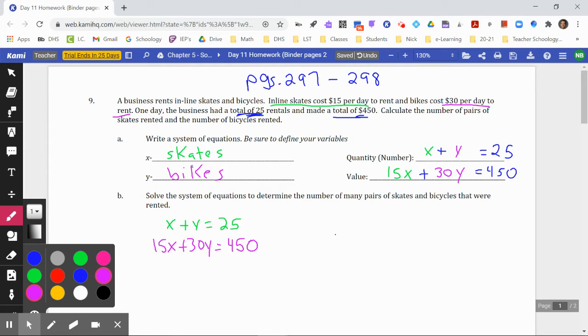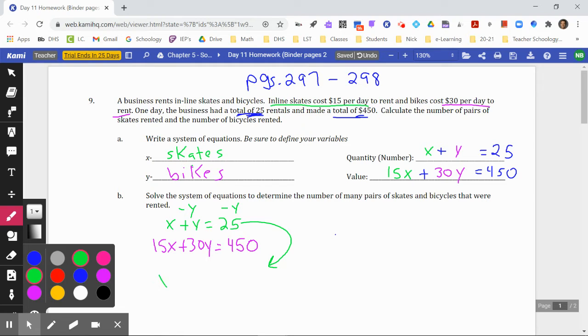Now we can solve this a number of different ways, depending on what your preferred method is. We can do this either by substitution or elimination. For me, I'm going to do substitution here and get that X variable by itself. To do that, I'm just going to subtract Y from both sides, and I'm going to rewrite my equation down here below.